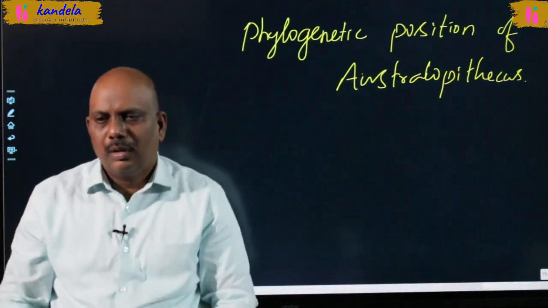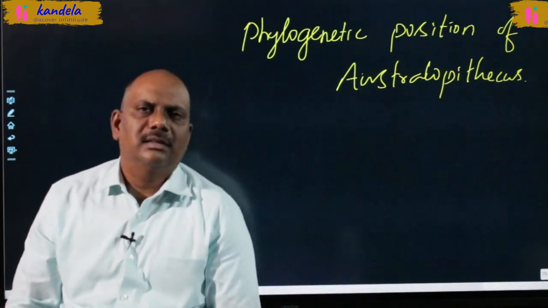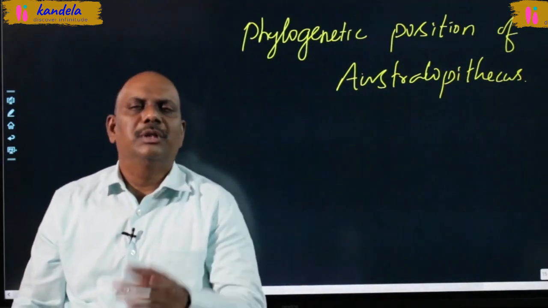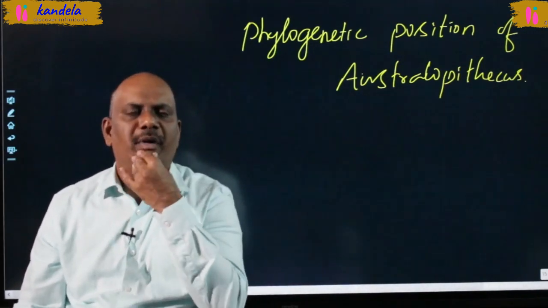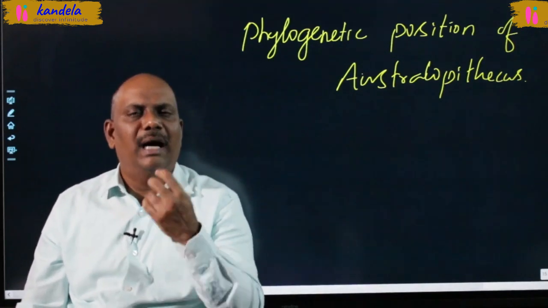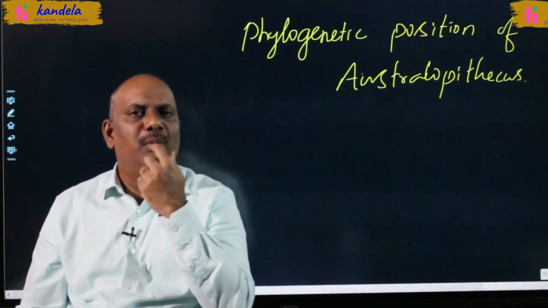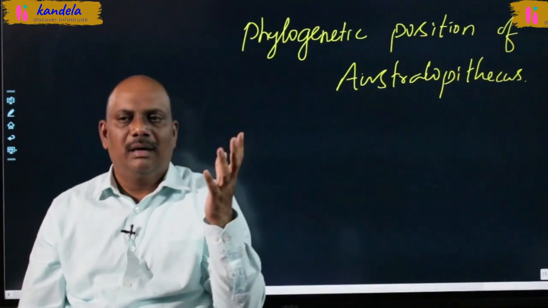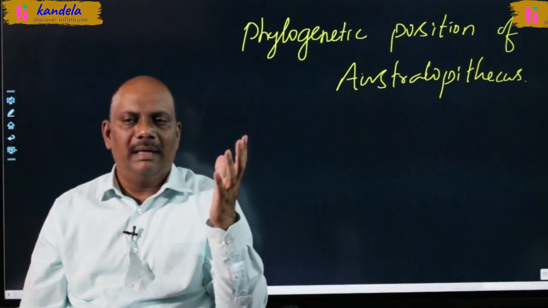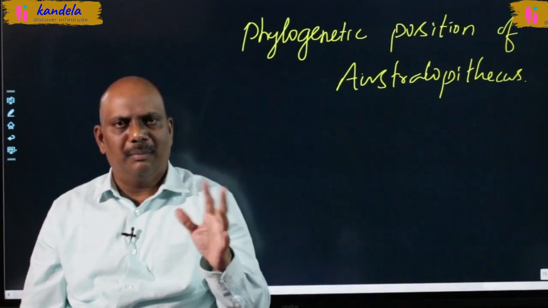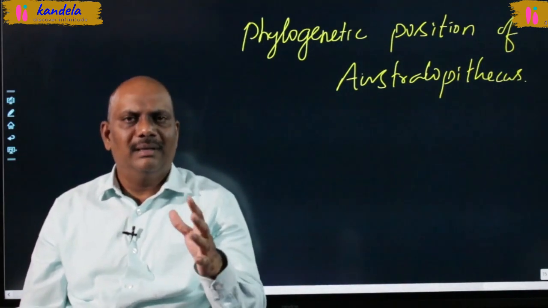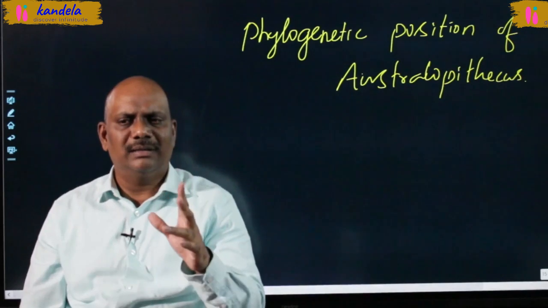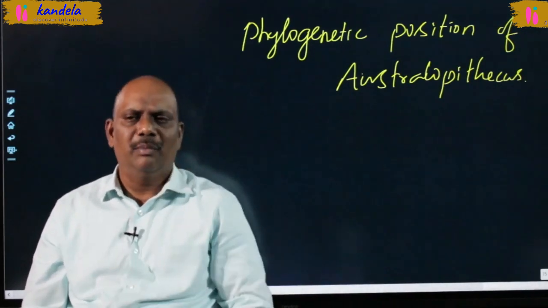Okay. So there are a number of characters in the Australopithecus which are truly human. Most importantly, the parabola-shaped dental arcade, absence of diastema, very small canines. Then the cranial capacity, a large cranium when compared to the contemporary apes. Along with that, the bipedal locomotion. This all suggests that Australopithecus is in the line of human evolution.